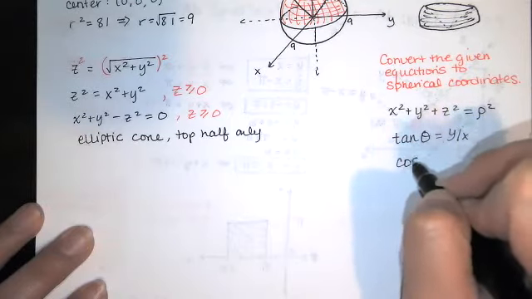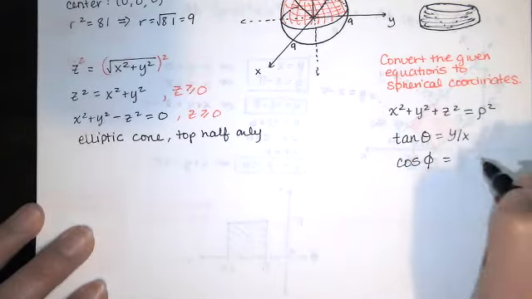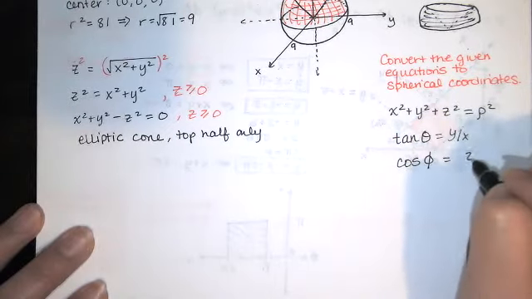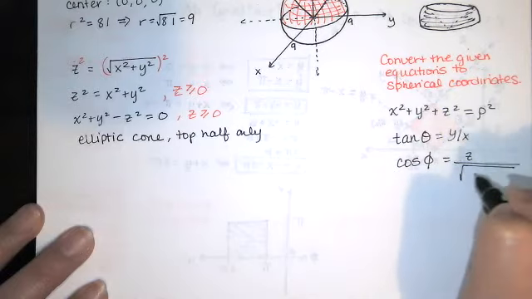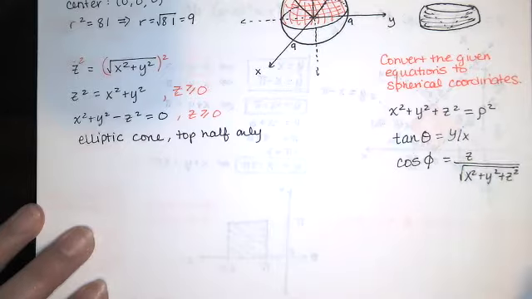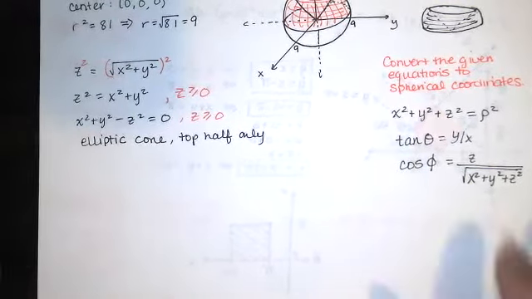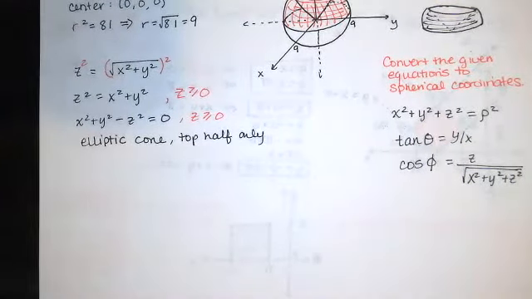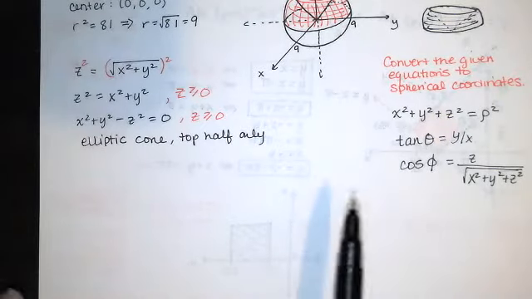So cosine of phi is z divided by rho, which can be written this way. So you want to keep those formulas in mind when you're converting.